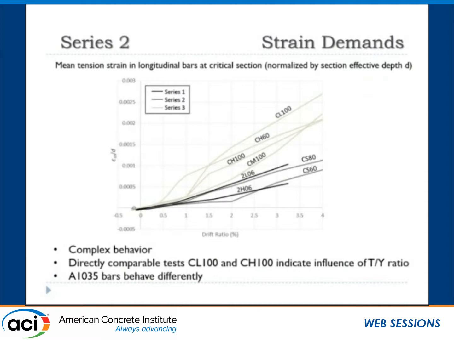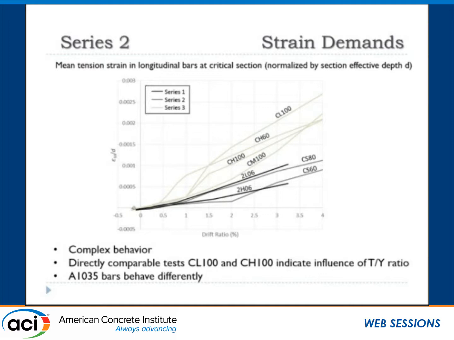And then we plotted those strains in the bar normalized by the section depth versus drift ratio. And we put this first series of columns on it. These are the 4 columns and some other columns we got from the literature. And what we found is, let's say you take 2% drift ratio, you can have strain demands down here or up here. Very, very different. Now you can say, okay, well, these are 2 very different columns, different axial loads and different things.